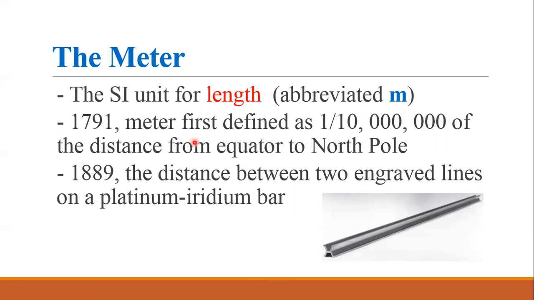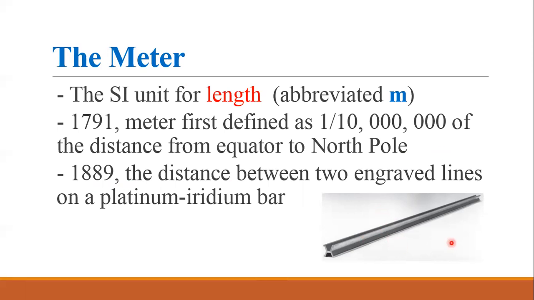So the meter was first defined in 1791 as 1 over 10 million of the distance from the equator to the North Pole. This measurement was improved in 1889 by redefining the meter to be the distance between two engraved lines on a platinum iridium bar now kept in Paris.